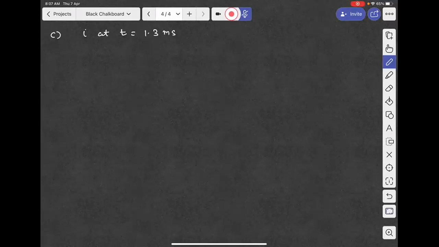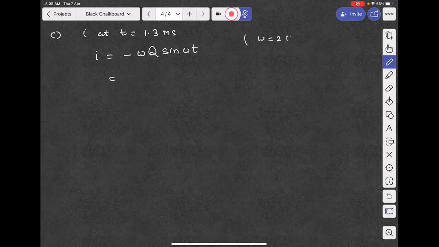So we have our equation I equal to minus omega q sine of omega t. Let us write this again in the form of our quantities. Omega equal to 2 pi f and q equal to c into v.